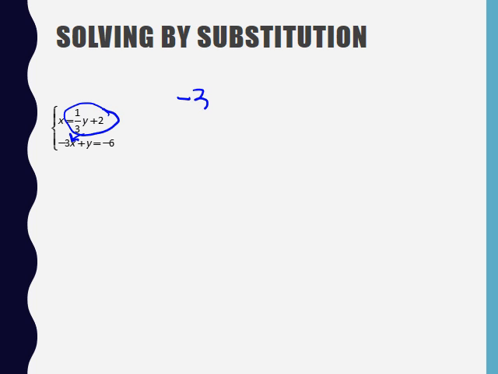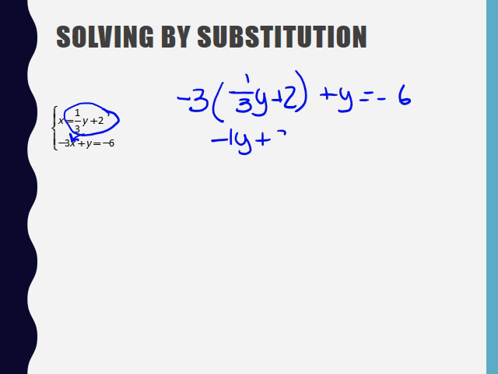So I'm going to take this x and I'm going to sub it in here. So I get negative 3 times (negative 1/3 y plus 2) plus y equals negative 6. When I multiply negative 3 times negative 1/3, it should be positive, so I get negative 1y plus 2 plus y equals negative 6. Wait, negative 3 times negative 1/3 is positive 1, so that gives y, and when I combine my like terms, my y's cancel out.